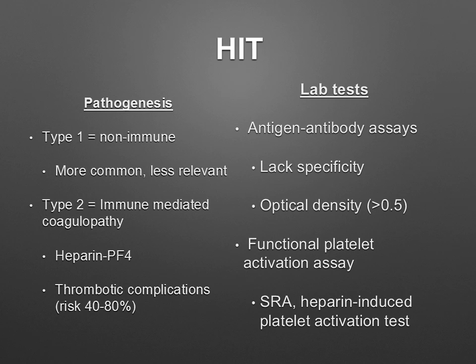Essentially, the higher the optical density, the higher the likelihood that the more sensitive tests, which are the functional platelet activation assays, will be positive. And typically if you're looking at optical density greater than 0.5, that's where you're likely going to get a positive reaction on the SRA, or the serotonin release assay.